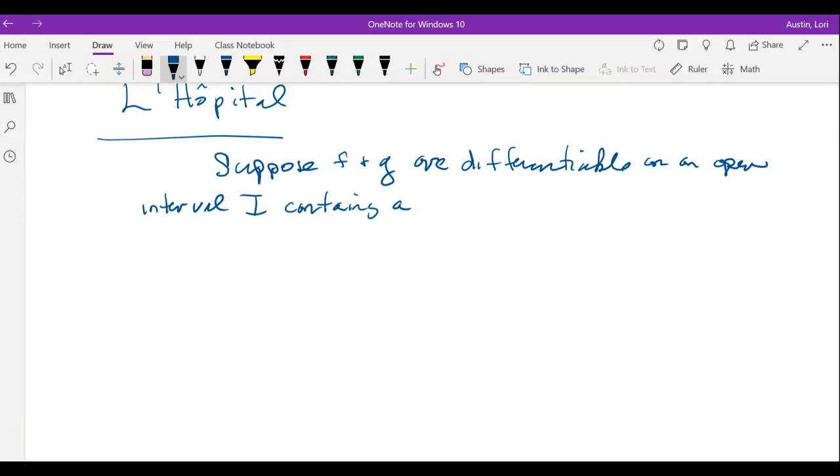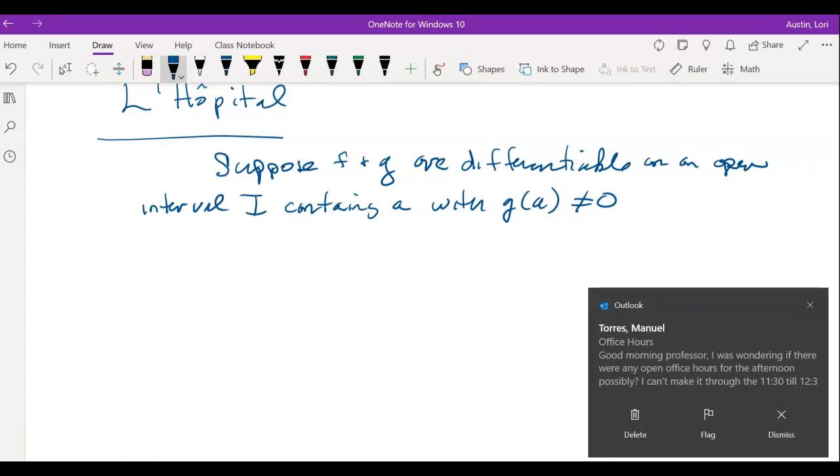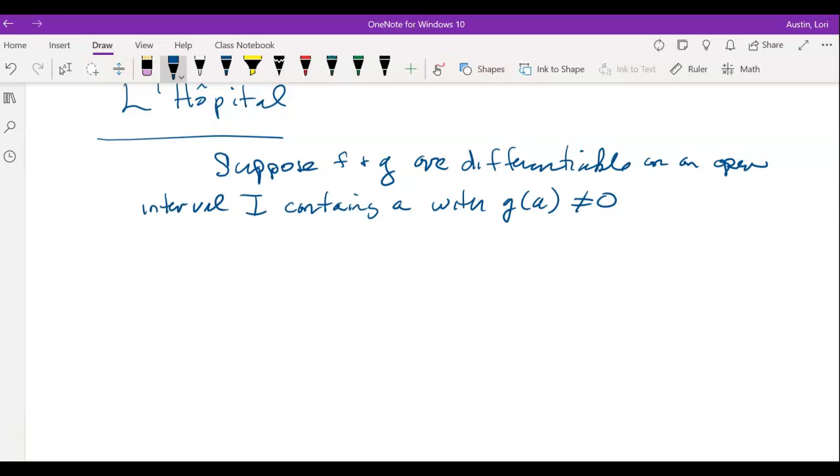I'm trying to combine two theorems into one, so I'm making sure I keep flipping to get them right. With g of x, of course, not equal to 0.